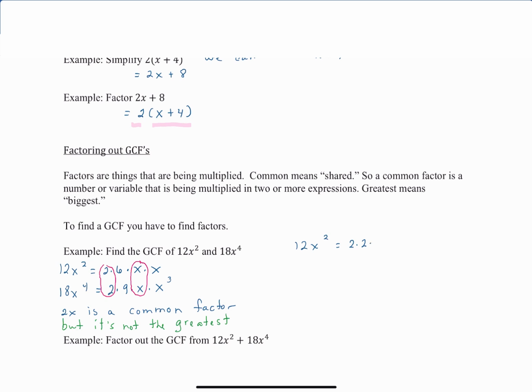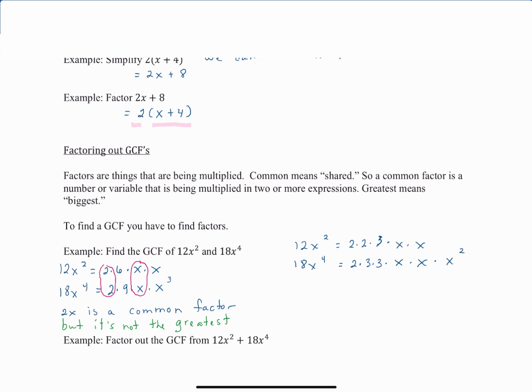The 12 I can break down as 2 times 2 times 3, and I've still got the x times x. And the 18x to the fourth, I can break down as 2 times 3 times 3, right? Because 2 times 9 times x, and there's 2 more x's in there, but they're not shared, so I'm just going to write that as x squared.